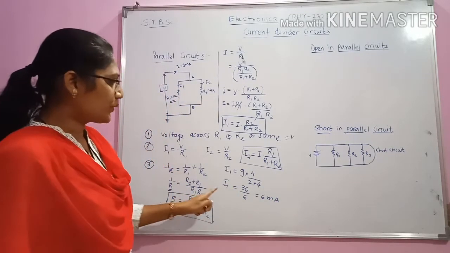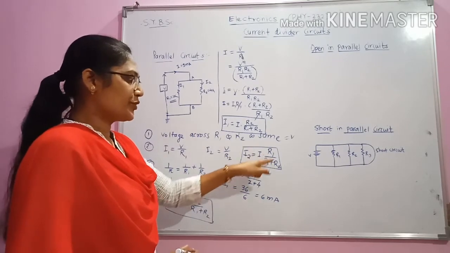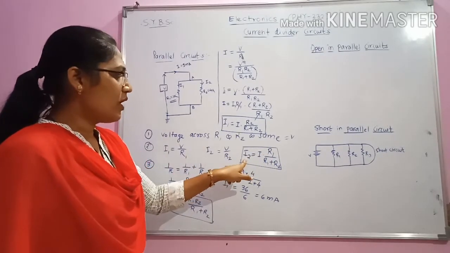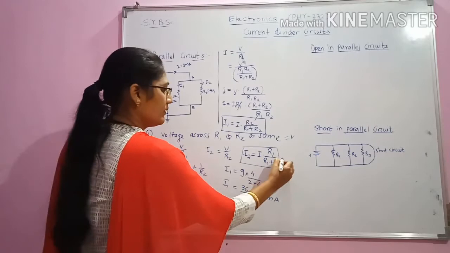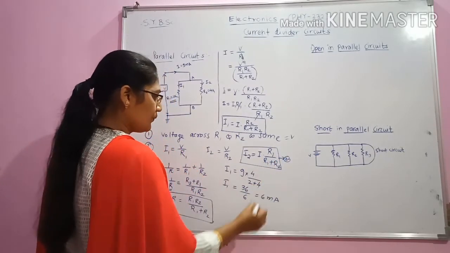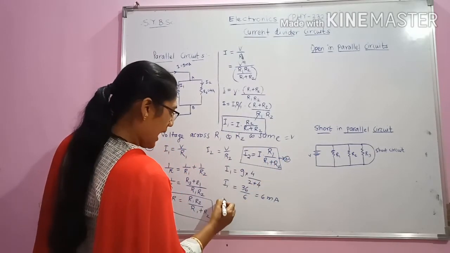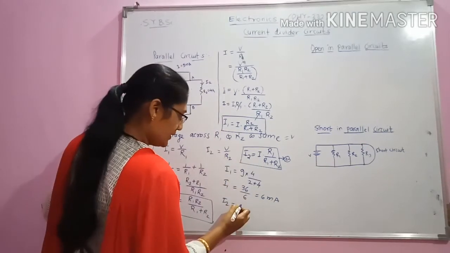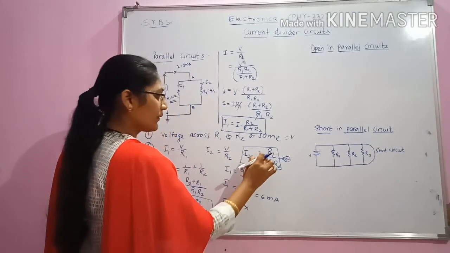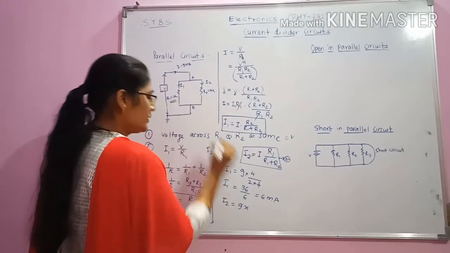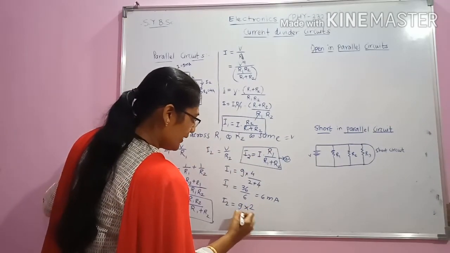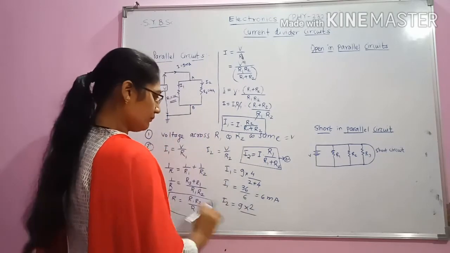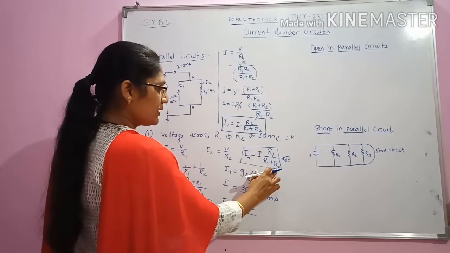Now we will try to find out I2 by substituting respective values in this second formula. So here I will calculate I2 is equal to I, which is the same, 9 into R1. The value of R1 is given as 2, divided by R1 plus R2.